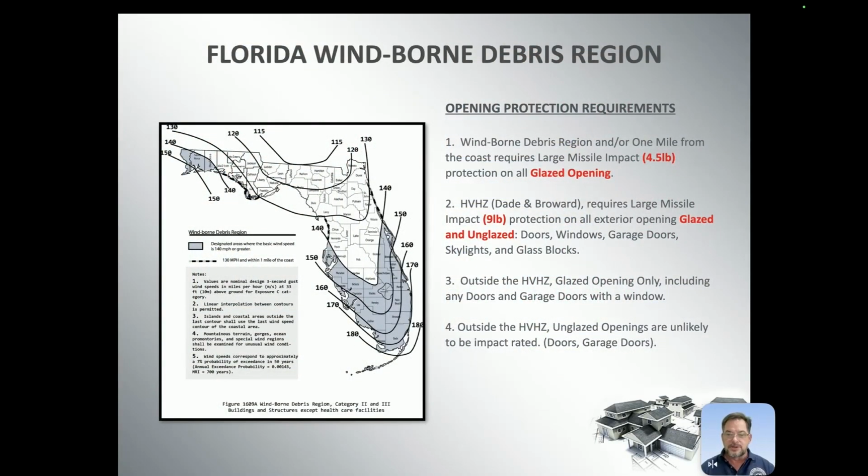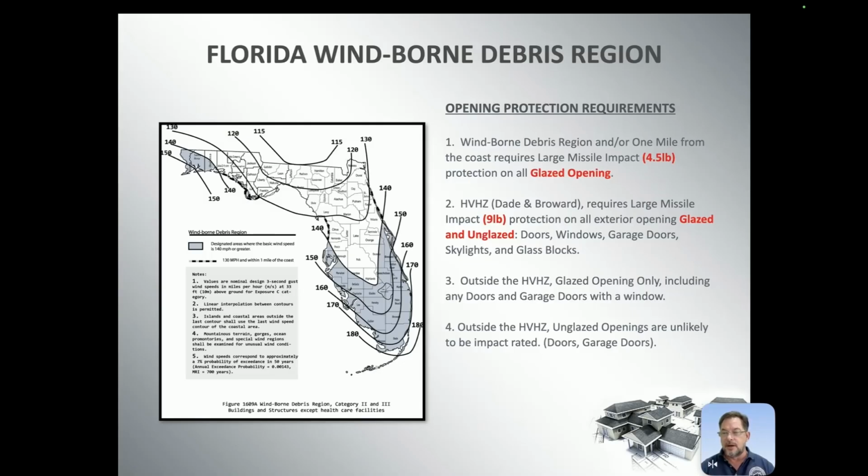So where is opening protection required? Well, again, we go to this map and the shaded areas show you where it's required. Also near coasts, so understanding that is very important to begin with. So again, these are the areas more likely to have hurricane damage, more likely to have shutters, hence the chart.